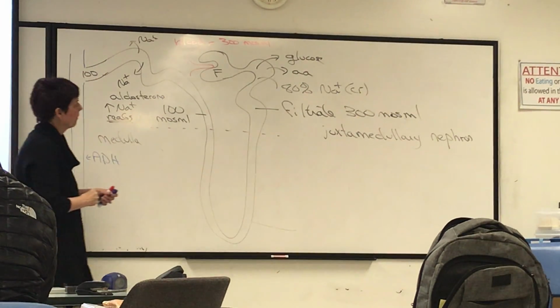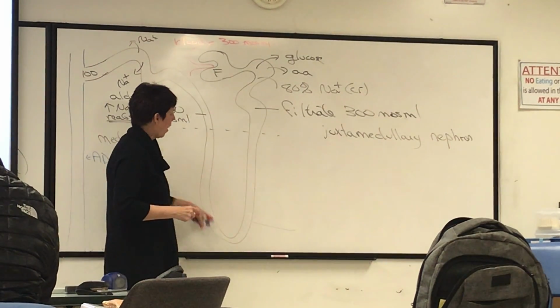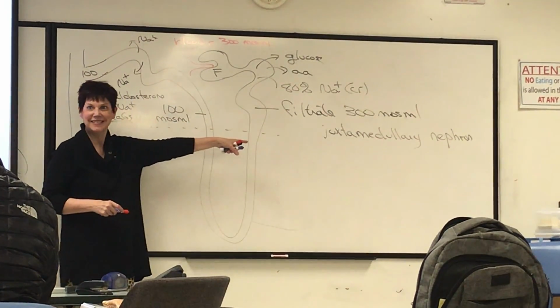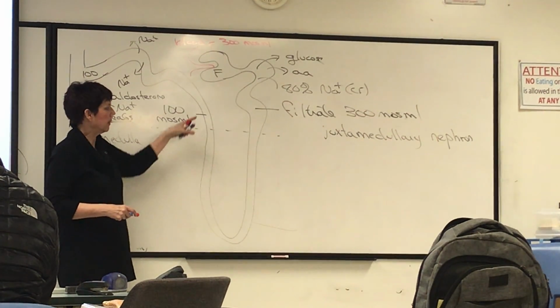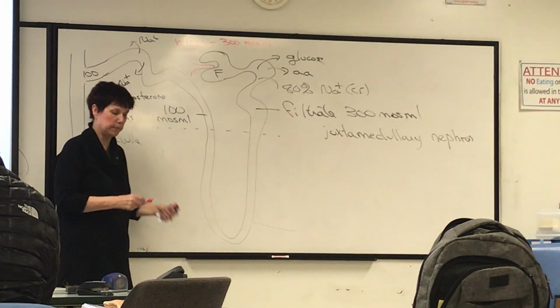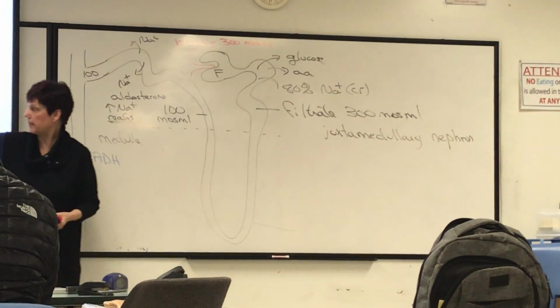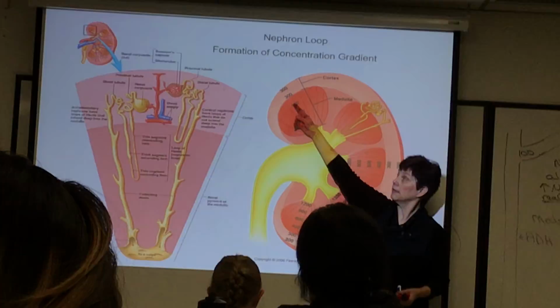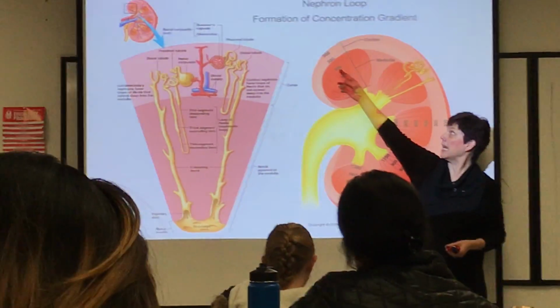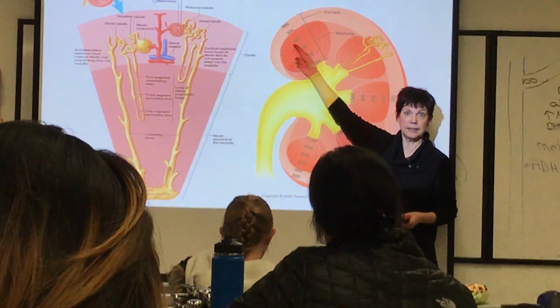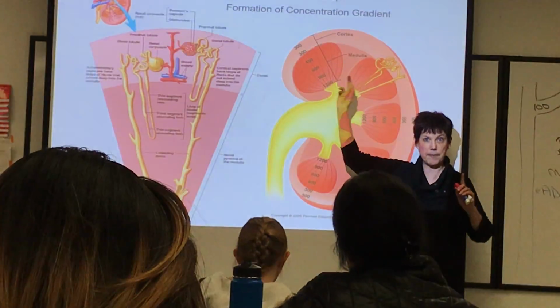So obviously we removed some of our sodium ions, okay? The purpose of the nephron loop is to set up this concentration gradient. So notice the extracellular fluid around at the beginning of the medulla is 300, same as our filtrate, same as the blood.